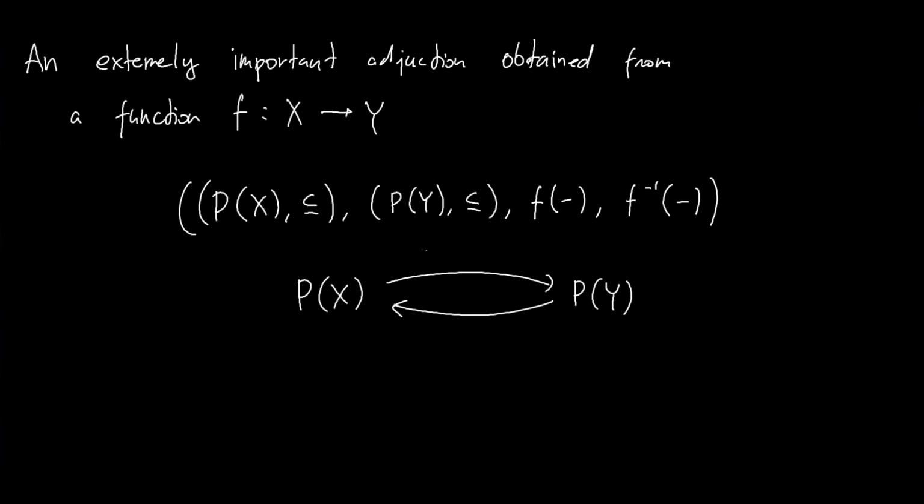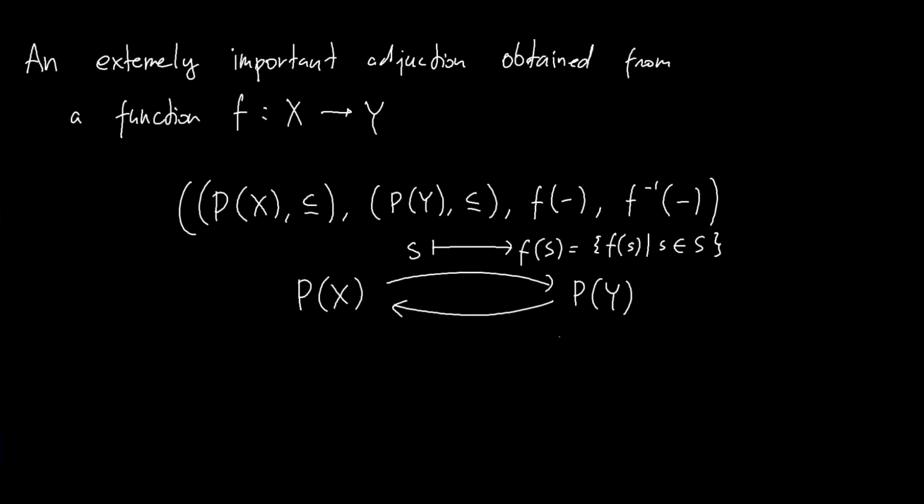So the direct image mapping takes a subset S of X, or in other words, an element of the power set, and it maps it to f of S, in other words, the set of all values of f where the variable comes from the set S.